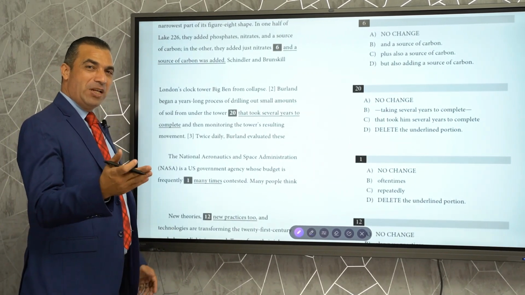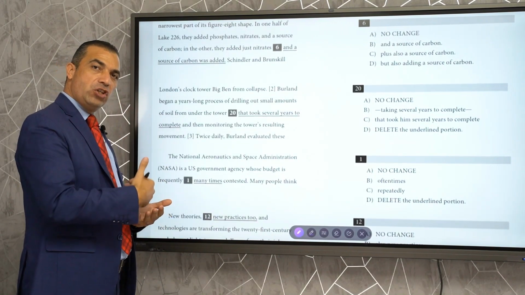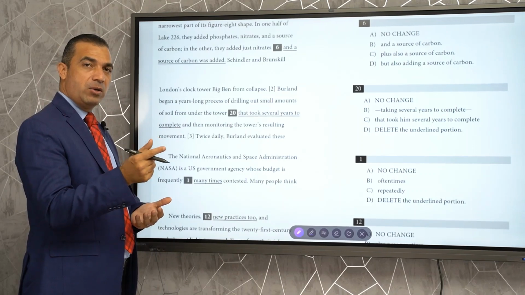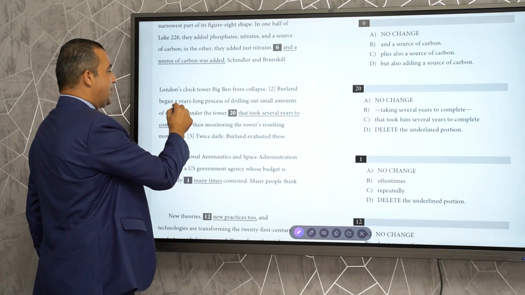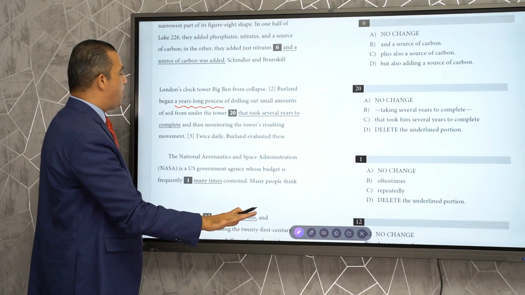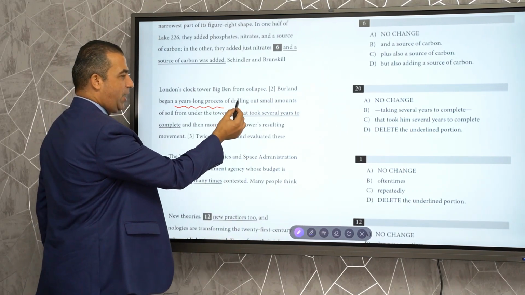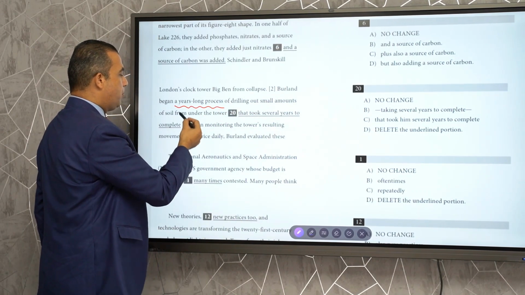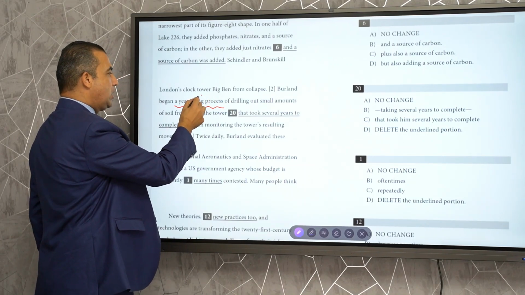Okay, let's come to our last example concerning redundancy and concision. Berland began a years-long process of drilling out small amounts of soil from under the tower, that took several years to complete. I'm talking about the process. It's years long.